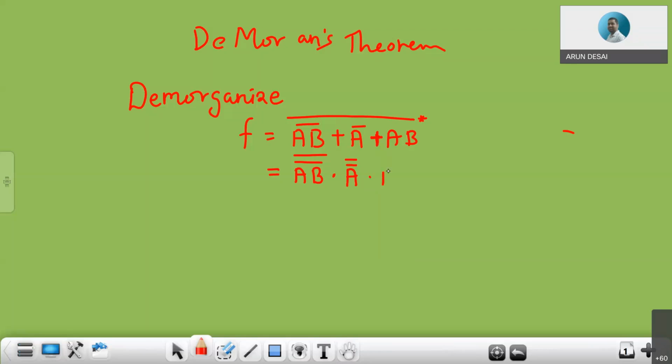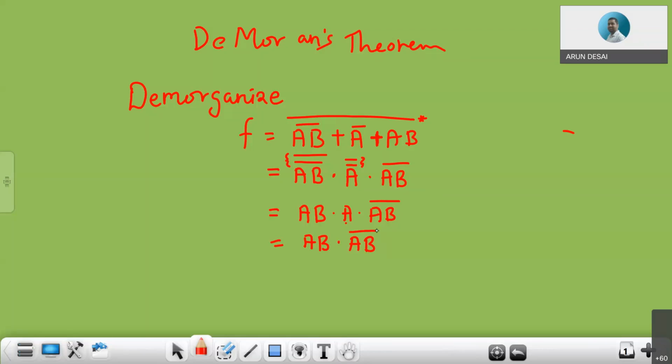Or to and, A complement, AB complement, right? If we have a double complement, then the value is that itself, right? That means AB itself. AB dot A dot AB complement, right? So A into A is A itself, right? So you get AB dot AB complement.